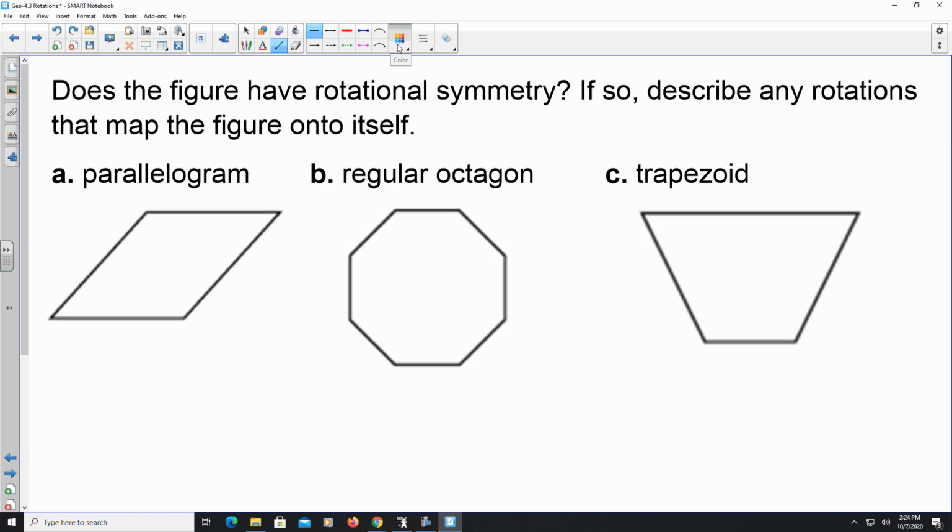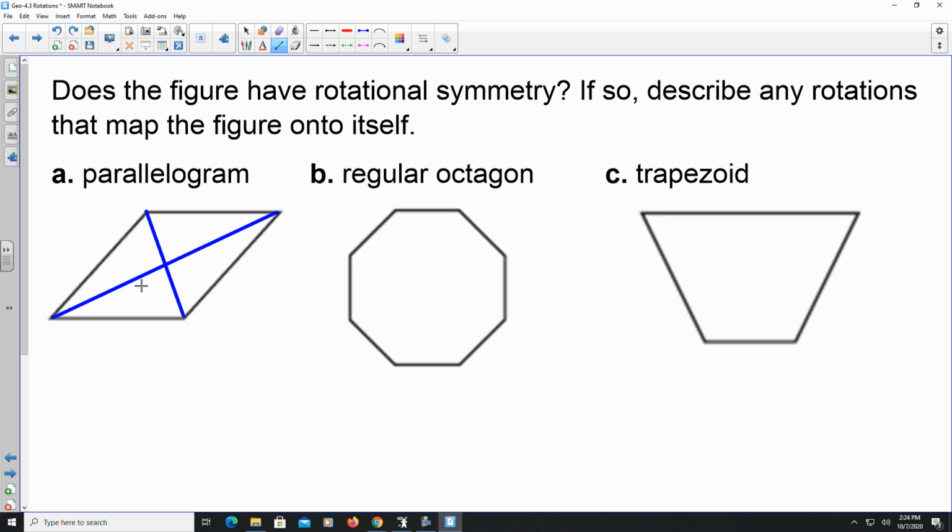Let's say I make it blue. So if I draw a line here and I went here, for instance, where these two intersect would be my center of symmetry.